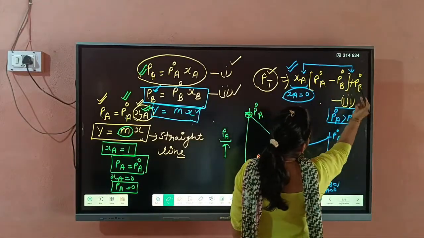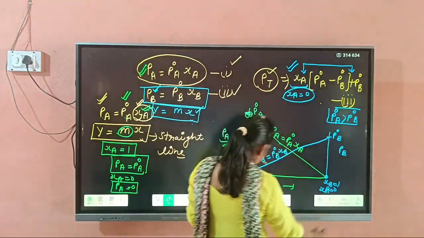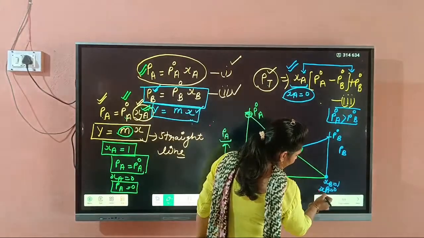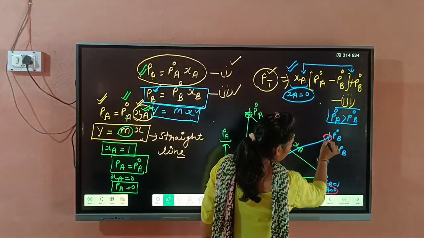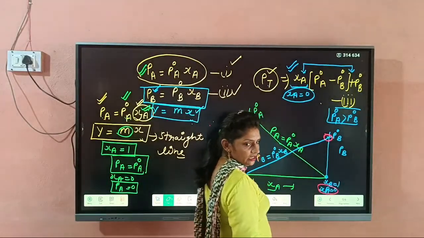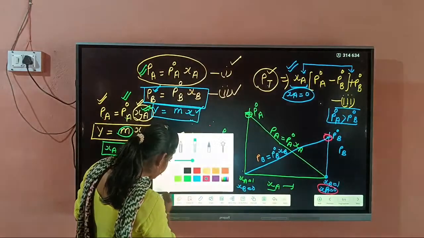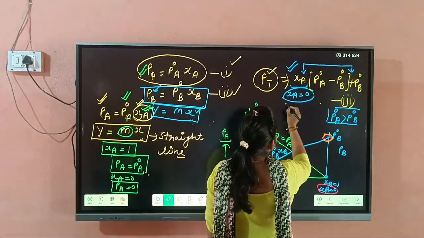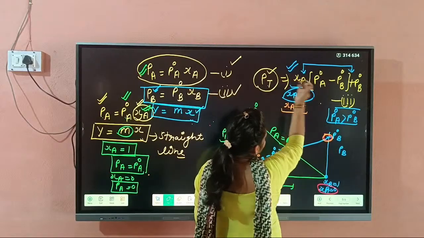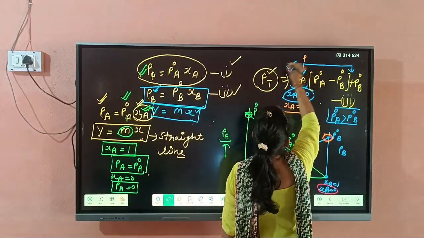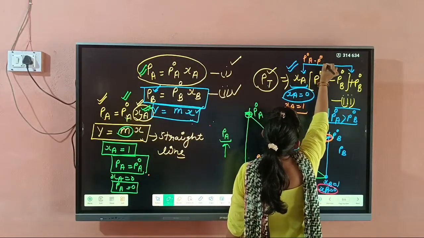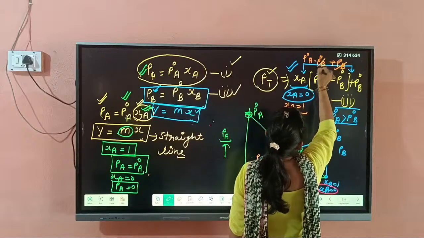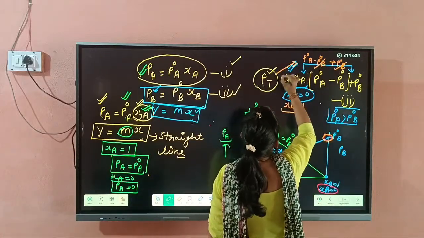So PT is equal to P naught B. So we can see from here, if XA is equal to 0, so value of PT is P naught B. And if XA is equal to 1, then PT is equal to P naught A minus P naught B plus P naught B.